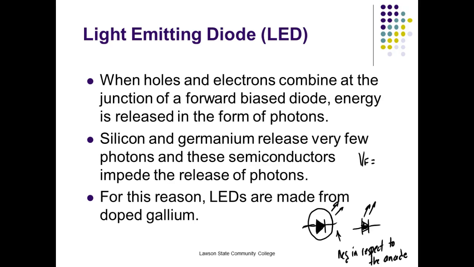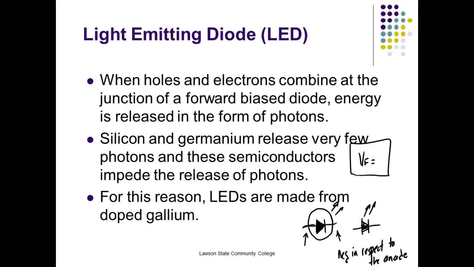It's going to be false, because the anode has to be positive with respect to the cathode. But it has to exceed the what? It has to exceed the VF.